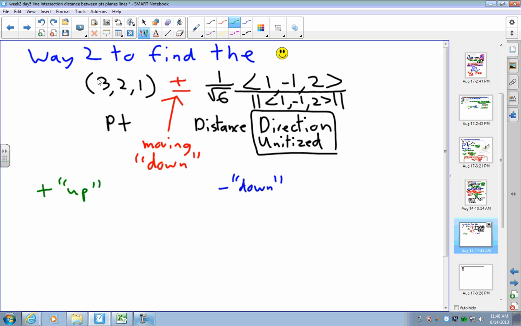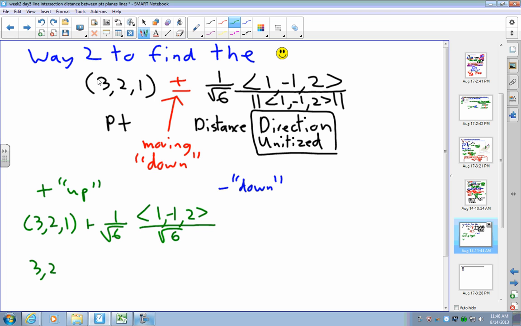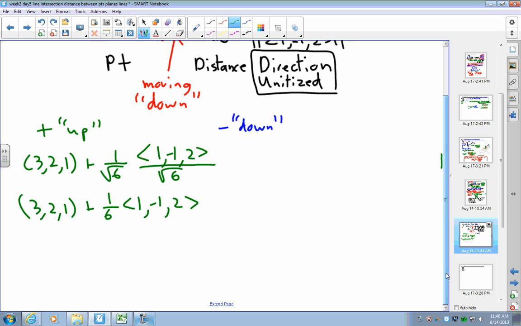The plus way would be 3, 2, 1 plus 1 over square root of 6 in the direction of 1, -1, 2 unitized, which is square root of 6. So now this is 3, 2, 1 plus 1/6, 1, -1, 2. Now that 1/6 should look very familiar with the time parameter. Okay?